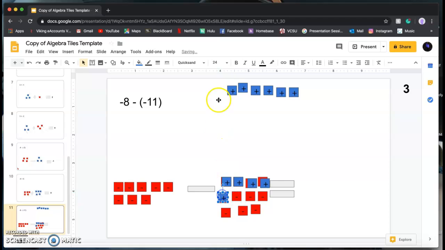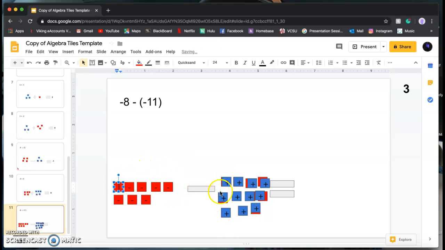So I'm going to cancel out. I'm just going to delete them this time so I don't have to scribble them out. But what I see is I have 8 negatives and I have 11 positives. So I know I have some that I can cancel out. So I'll start with 1 negative.